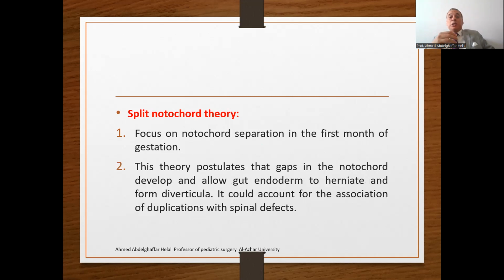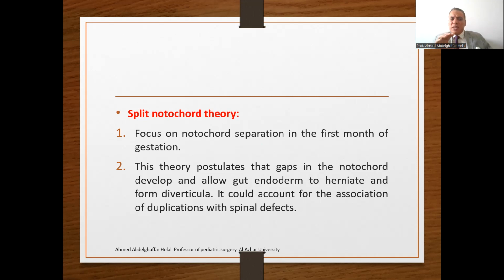Number two is the split notochord theory, which focuses on the notochord separation in the first months of gestation. The theory supposes that there is a gap in the notochord development that allows the gut endoderm to herniate and form diverticula. It could account for the association of the duplication with a spinal defect, as the notochord is a solid cord present in the embryonic plate, closely related to the formation of the enteric or nervous system.